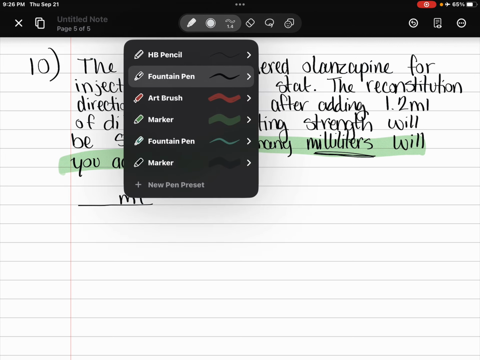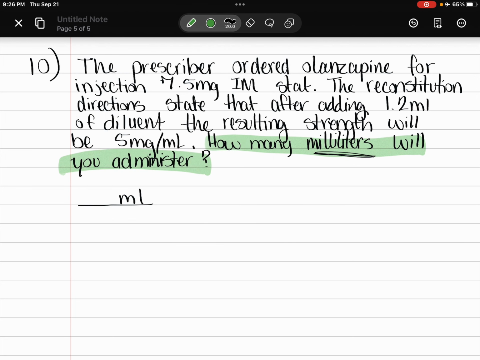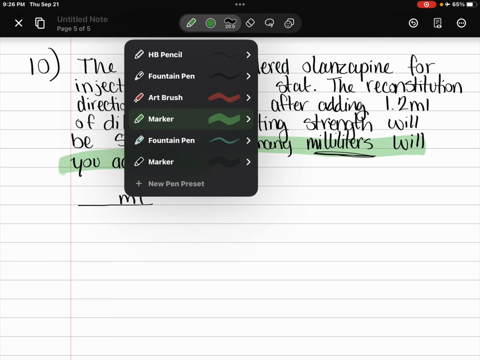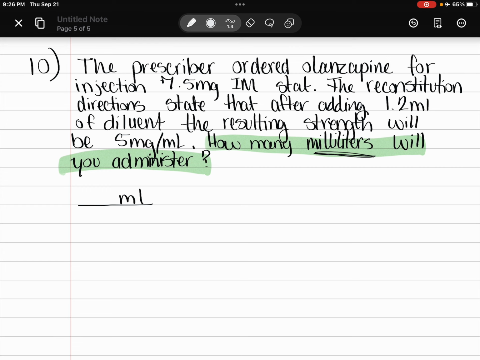It does state in the problem, the reconstitution directions state that after adding 1.2 milliliters of diluent, the resulting strength will be blah, blah, blah. But that is irrelevant. You don't need to know anything about that. That is just extra information.